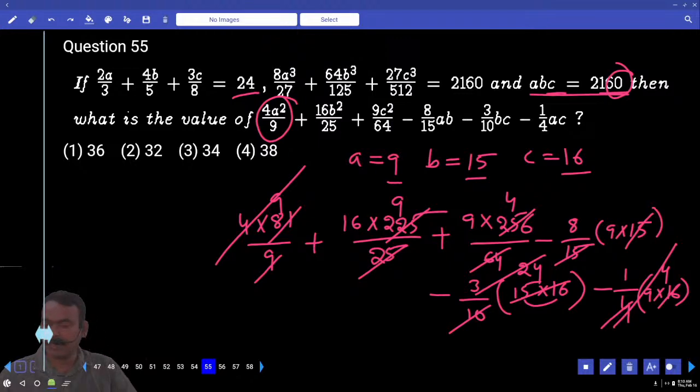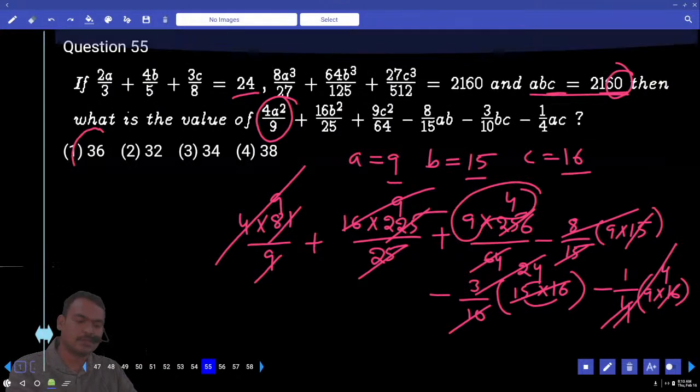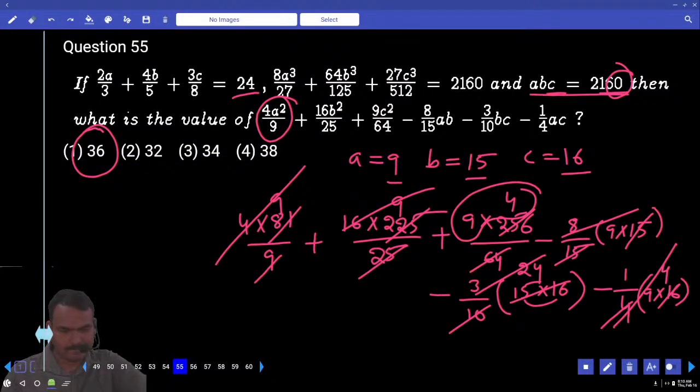Minus 72. 8 into 9 is 72. Minus 72 minus 72, 144. 16 into 9 is 144, cancel. What is the remaining value? 9 fours are 36. If you use the formula, the question is lengthy.